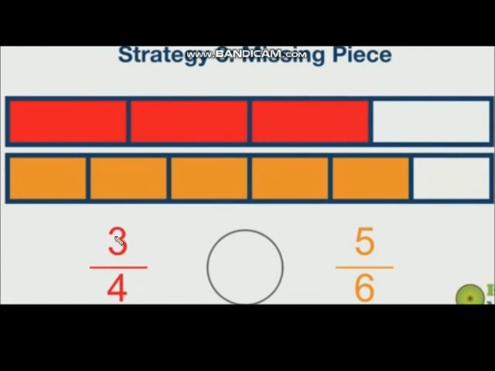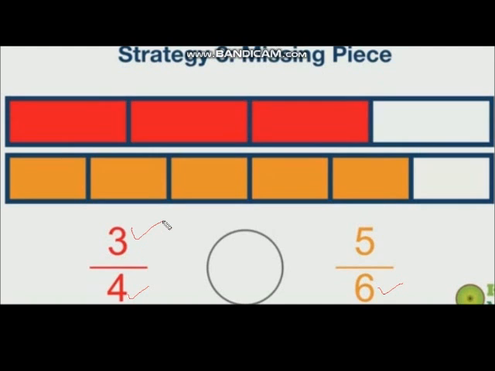Now what if the fractions are different? No numerators are the same, no denominators are the same. So in this one what do we have to do? Again we will make 2 strips for 2 fractions. We'll make 4 columns for the first fraction and 6 columns for the second fraction.